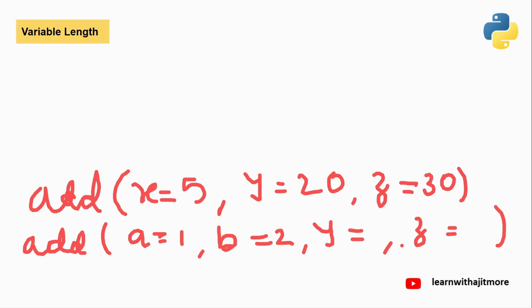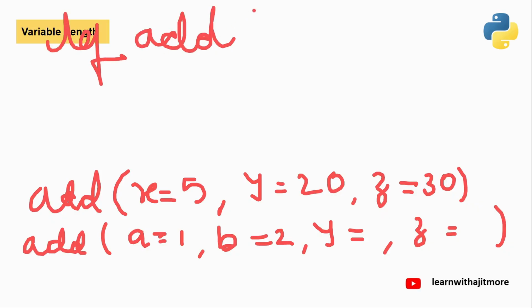Now in this case also it packs the values, but now it will pack them in a dictionary. So how does Python know that it is to be packed in a dictionary and then passed? Getting? So when you're defining the function, whatever that argument is, there you have to put a double star.